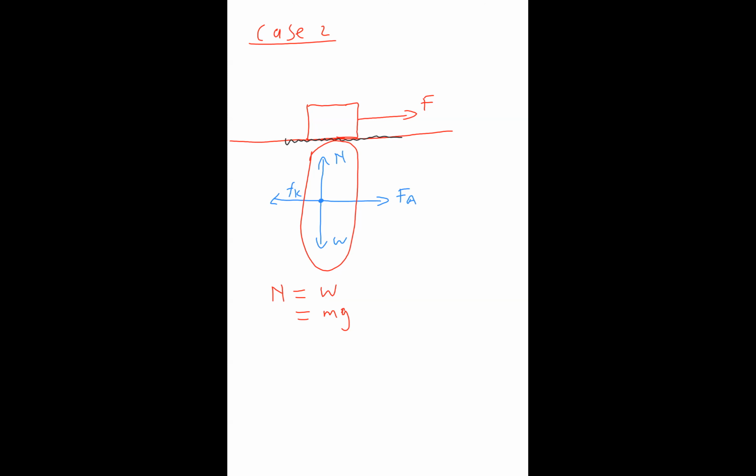In some problems, normal force is equal to weight, and in some problems, it is not. To be precise, normal force is equal to weight if the force applied on an object is parallel to the surface. So it's different when we look at this case now.